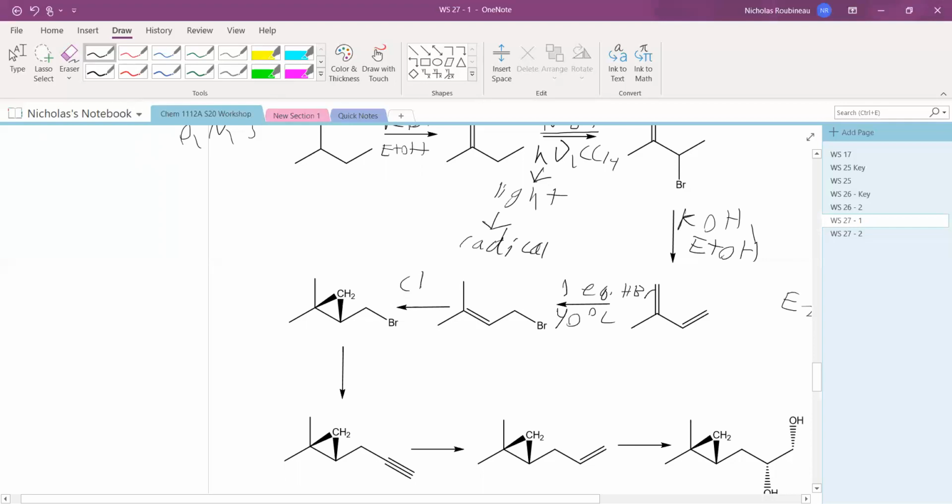So if you were given a list of reagents, if you remembered it had iodine, that's probably going to be good enough, because I don't think anything else really uses iodine this semester. And these are the conditions, CH2I2 and zinc copper, that will react with a double bond to form a cyclopropane.